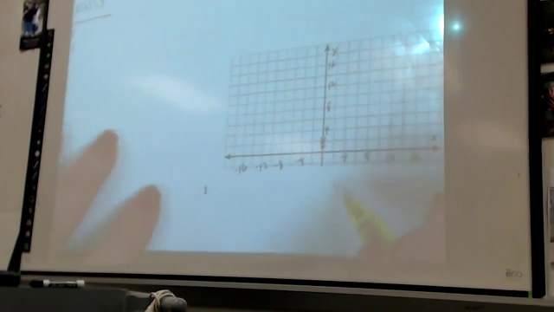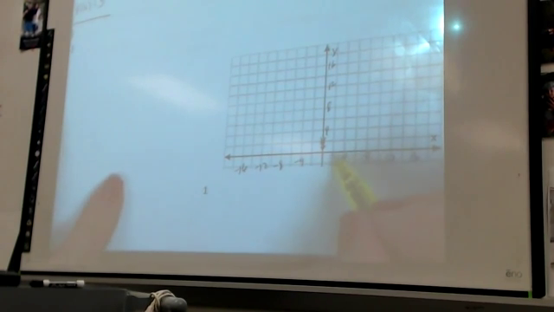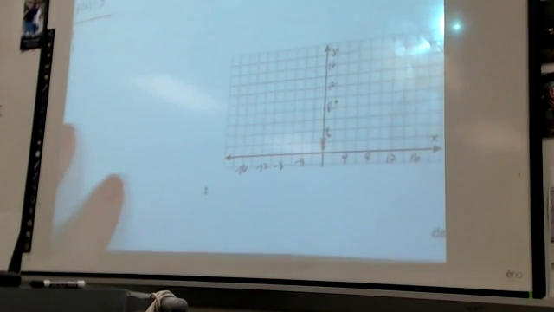Okay. And then, even though 1 is not on here, it would be 3, right? 3 to the first power would be 3, which would be like right here. 2, 9. And then 4, 3 to the fourth is 27. It won't fit. So that's really all that we can graph.